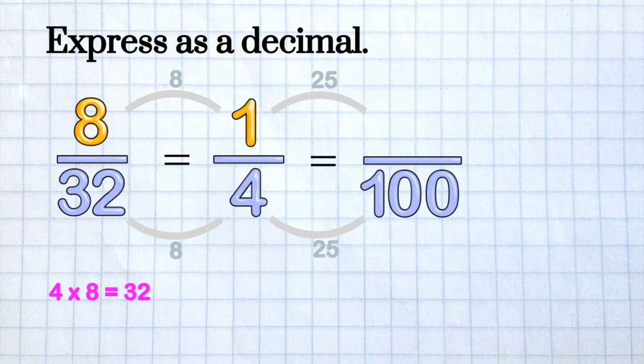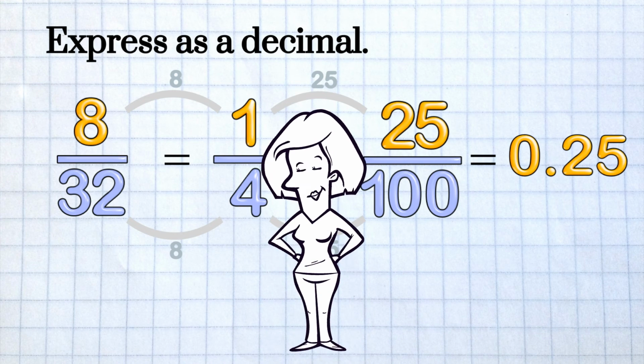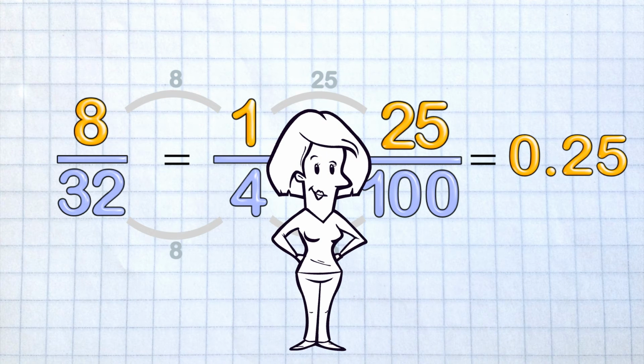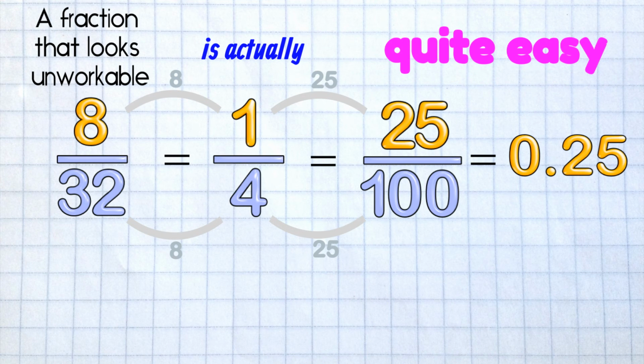Same up top, and that gives us 25/100ths. And of course, as a decimal, that's 0.25. So 8/32 is the same as 0.25.